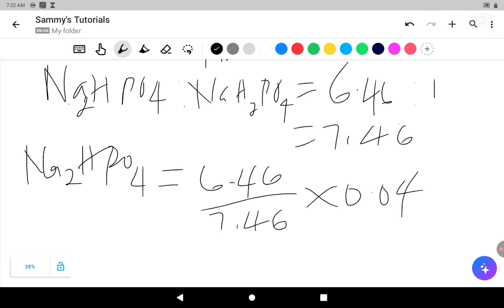Let's press our calculator to get the concentration of this. Hope you are following. So we have 6.46 divided by 7.46 equals 0.865999. Now what I'll advise you to do is divide, get your answer, before you multiply. If not, you might get a wrong answer.